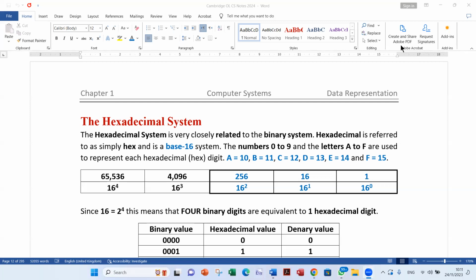Every 4 bits in binary will be grouped and converted into 1 digit in hexadecimal. So instead of dealing with lengthy strings of ones and zeros, hexadecimal is a shorter and very easy way of representing binary. So we study hexadecimal because of its relationship with binary.